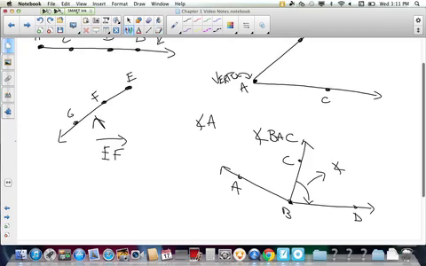This angle here would be angle B. This big angle would also be angle B. So I've got to use the three letters that describe that angle. This line and this line are the two rays that make up that angle. Therefore, this would be angle CBD.